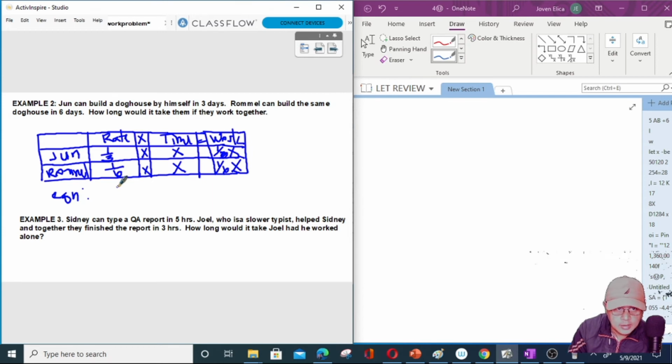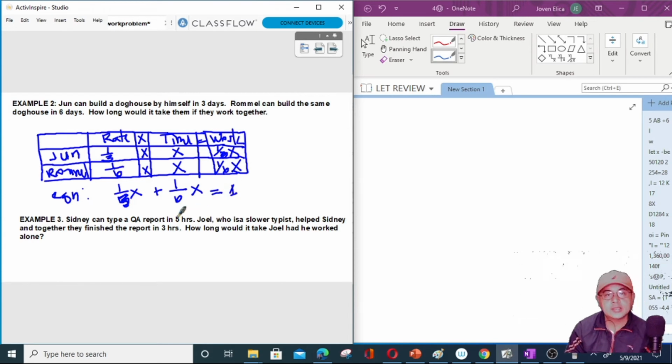We can just add the rate, the given work. So this is 1/3 x for June plus 1/6 x for Romel is equal to 1.